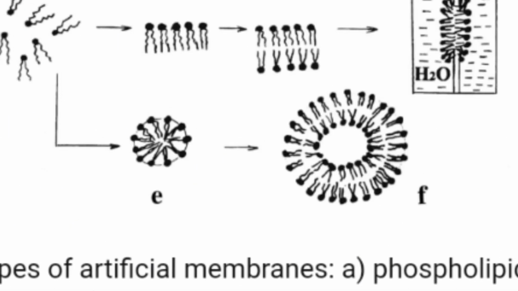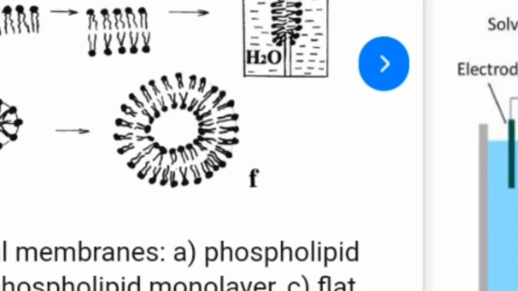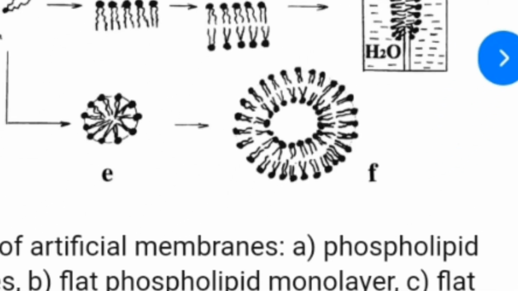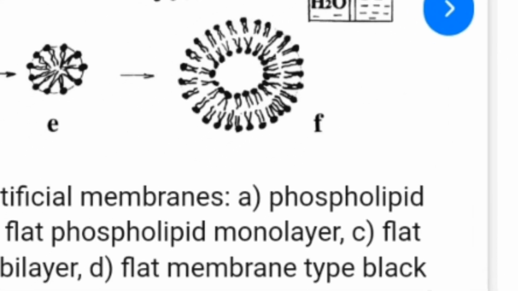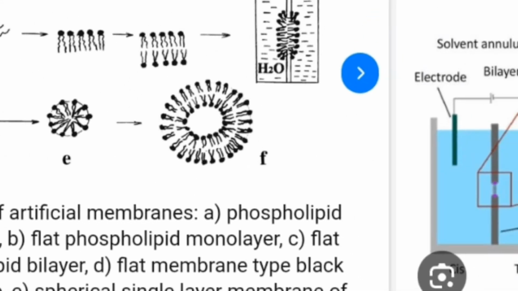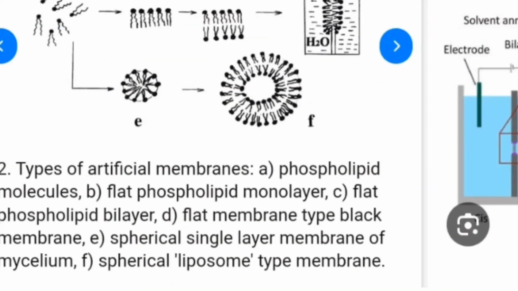You have the monolayer, you have the bilayer, then you have the black membrane, which is the D. Then you have the E, which is the micelle, and then you have the F, which is the liposome. You should be able to explain them very well by drawing. Using diagrams, you explain the various types of artificial membrane.